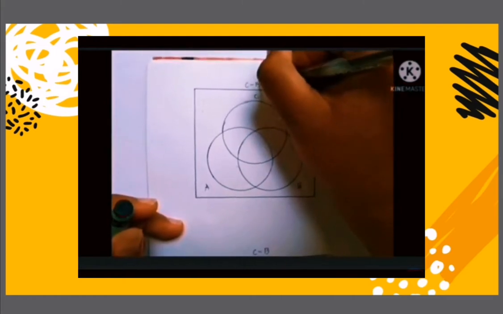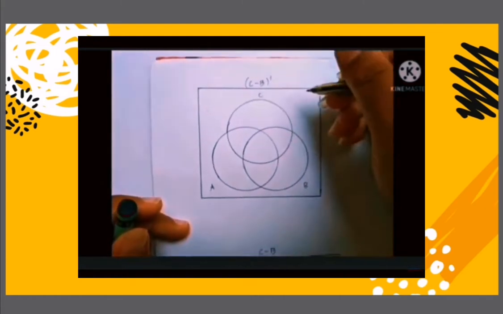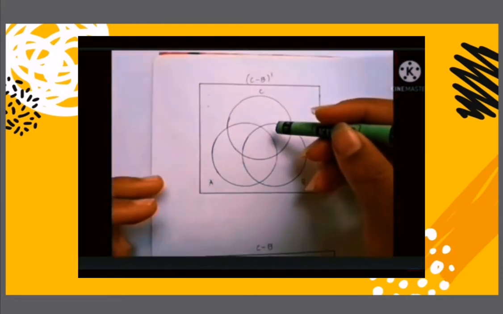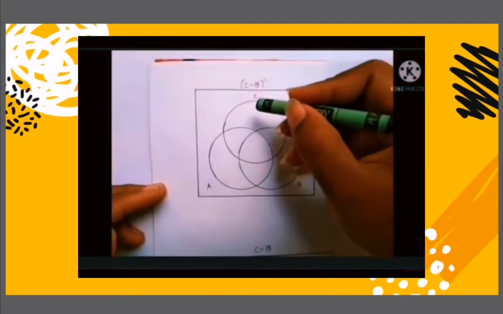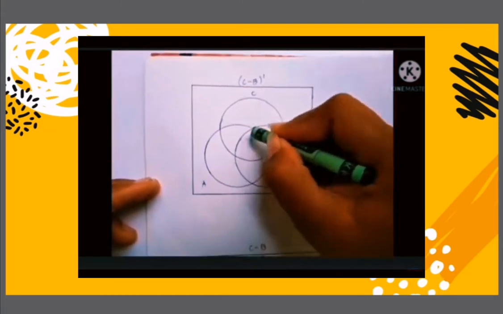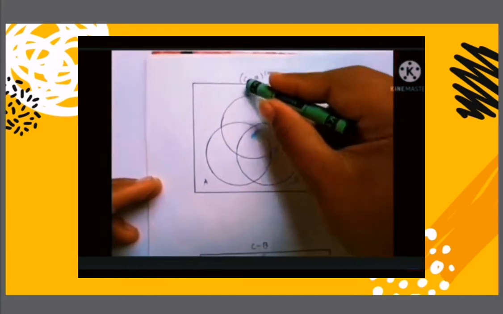In finding C minus B complement, we shade everything except C minus B. We shade this region only.